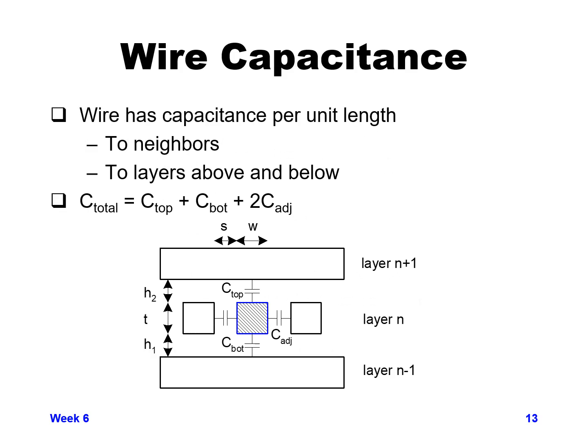Now, as we've said before, in addition to resistance of the wire, we also have wire capacitance. A wire has a given capacitance per unit length, which will depend on what layer of metal we're in as well, because you have capacitance to your neighbors.